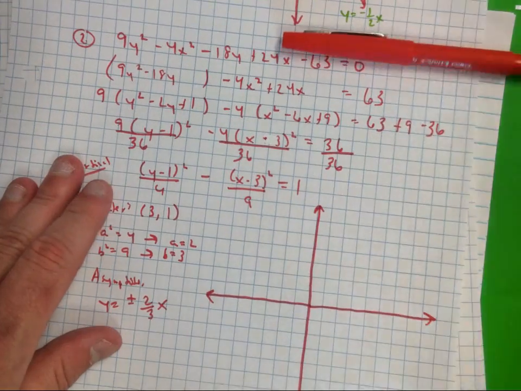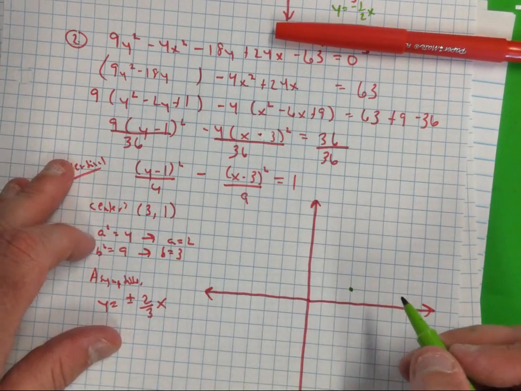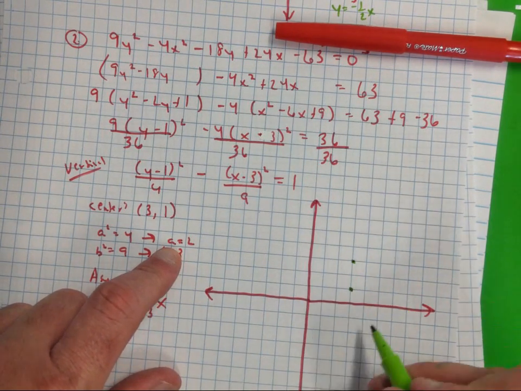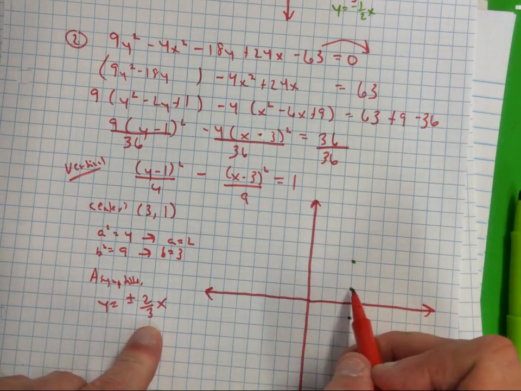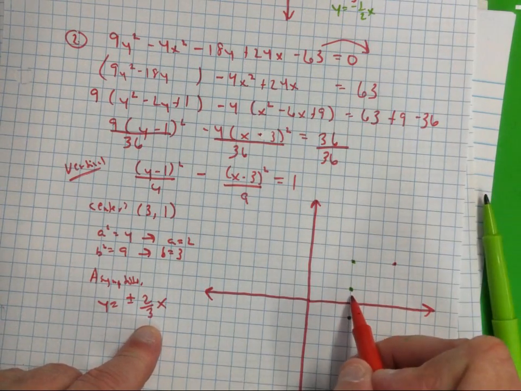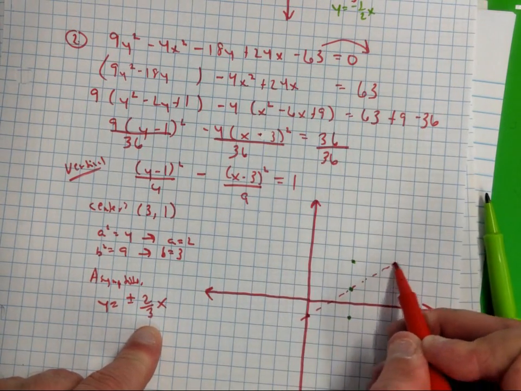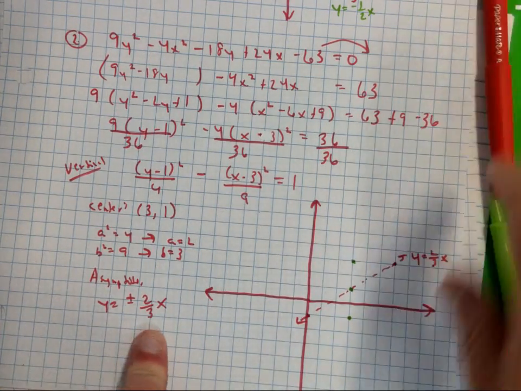Go to your center, which is 3, 1. Since it's vertical, you're going to go up 2 and down 2. Graph your asymptote. Label it, y equals 2/3 x.